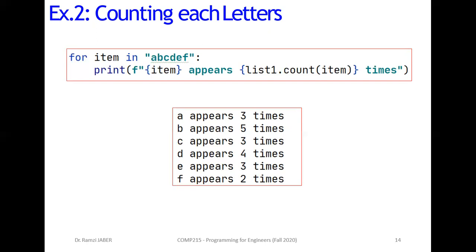If you want, we can solve it by a sentinel while loop. While item not equal -1, input item, then print list1.count(item). Okay? Repeat until you put -1 and exit the while loop.